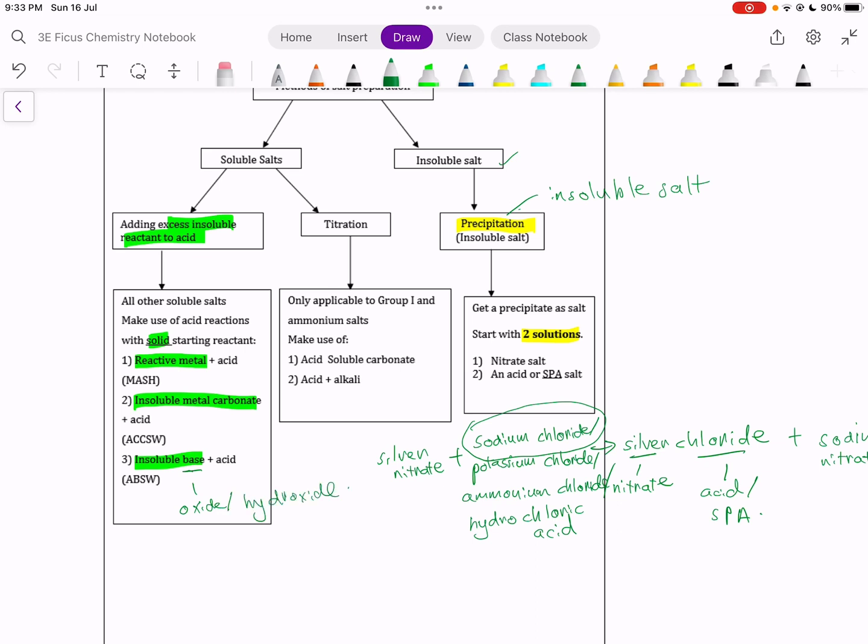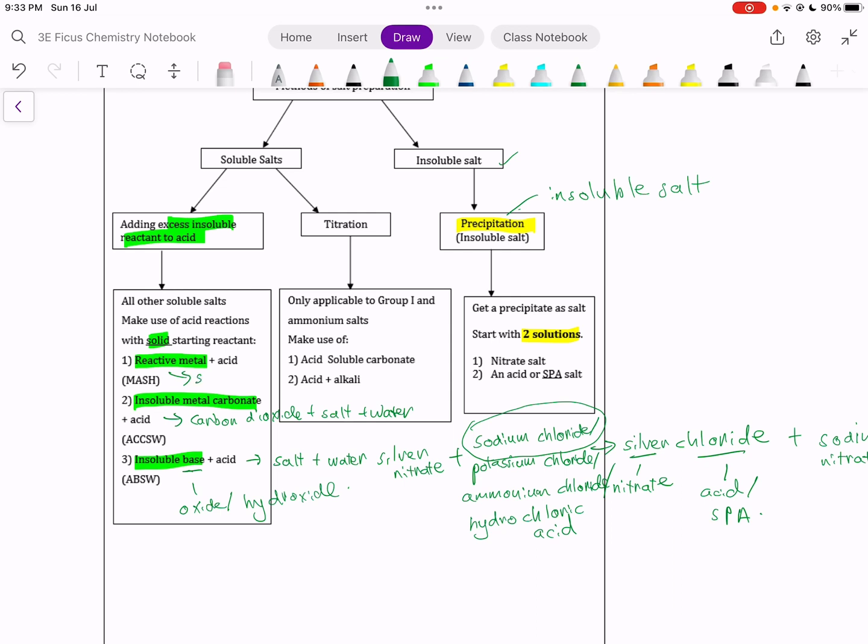So this makes use of reactions of acid. So acid plus base gives you salt plus water. Then carbonate plus acid gives you carbon dioxide plus salt plus water. So these are actually all reactions of acids which you have learned before in the previous chapter.